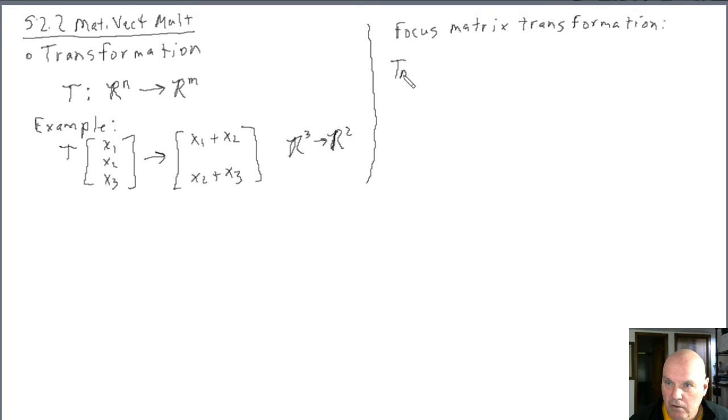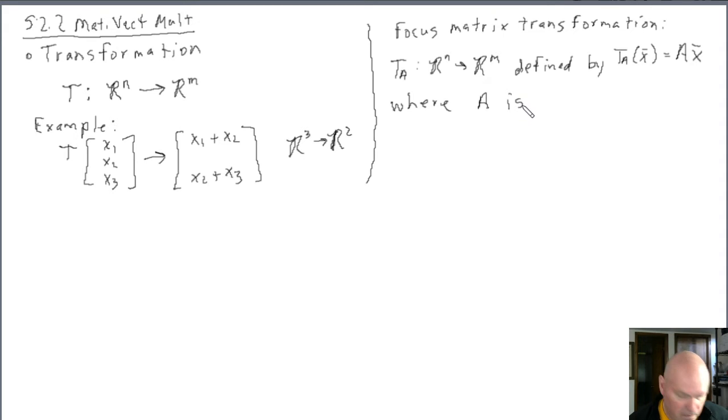I'll define a matrix transformation, TA from Rn space to Rm space, defined by matrix multiplication. TA on X is equal to matrix A times the vector X, and we learned how to do this matrix vector multiplication last time, where A is of dimension M by N. So X has to be of dimension N by 1, multiplying by an M by N matrix would yield a vector of dimension M by 1.